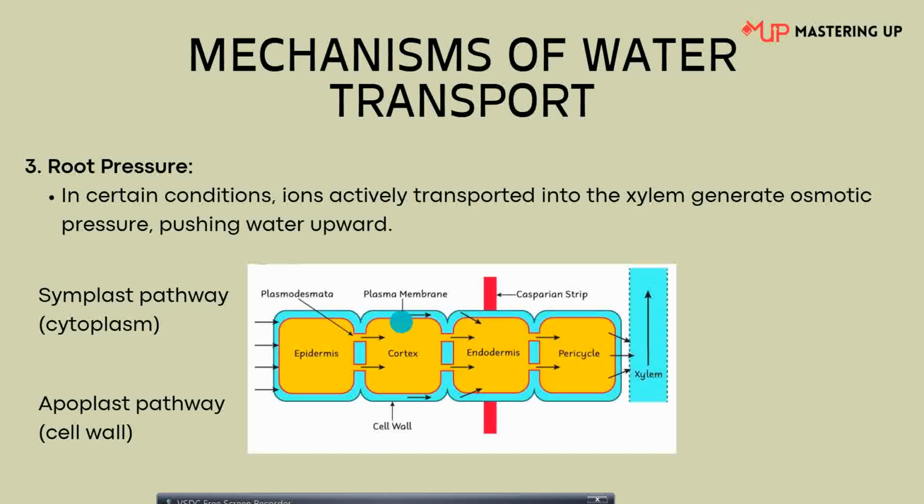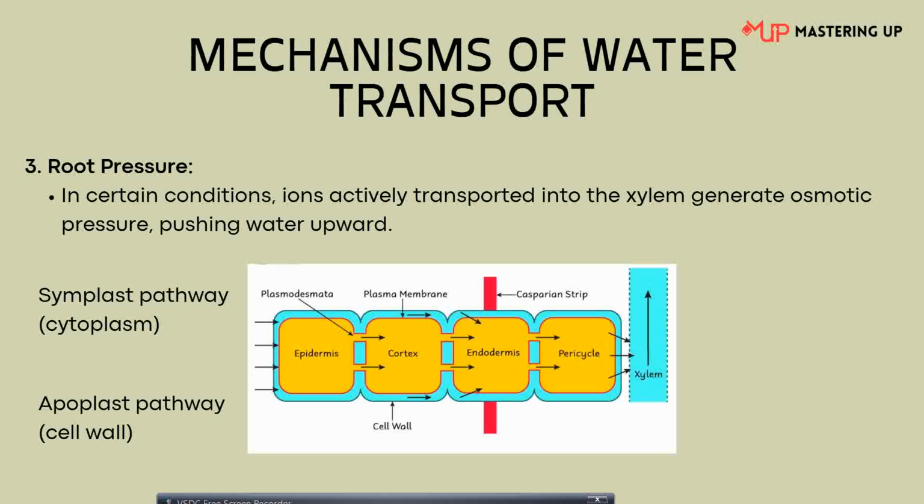The water enters the cytoplasm, and from the endodermis the symplast pathway continues, and thus water enters the xylem. This is the pathway of water transport in the root.